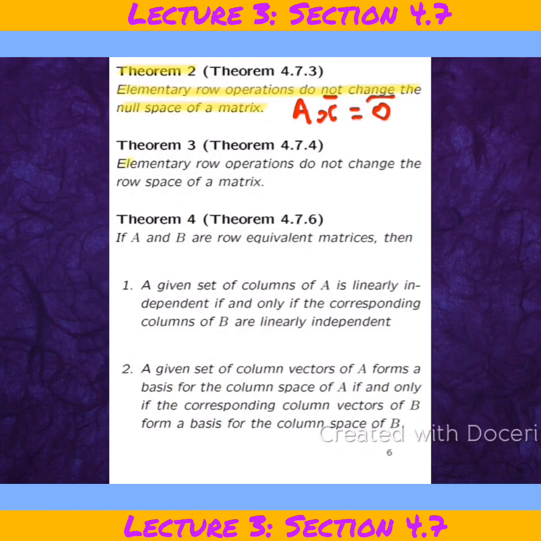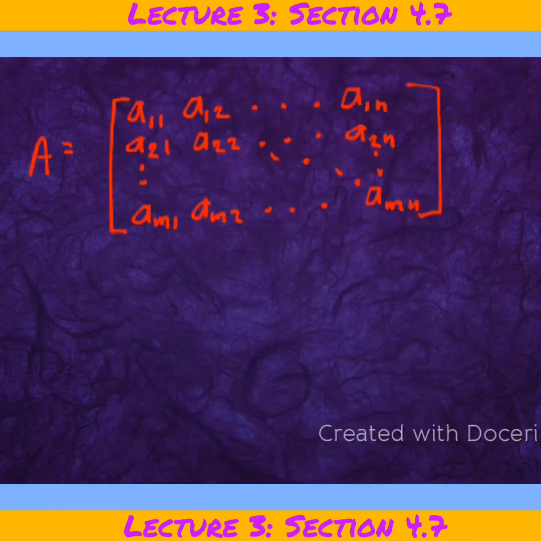Right, the second one: elementary row operations do not change the row space of a matrix either. So let's see why that is the case. I'm not going to write out a proof, but I'm just going to illustrate it with an example. Let us take that m by n matrix, and let's look at the row space.